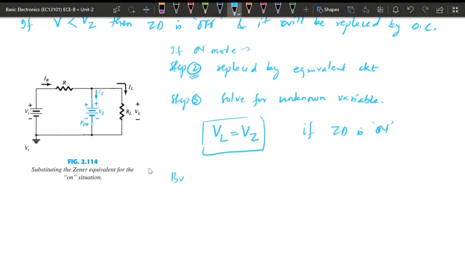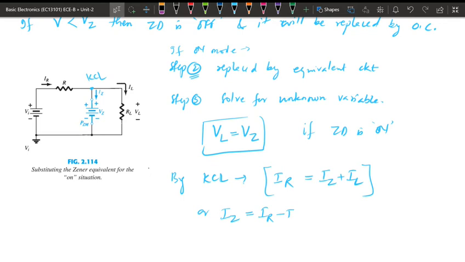The next, by KCL, we can get IR equal to IZ plus IL. At this point we will be applying the KCL. So IR will be equal to IZ plus IL, or if we need to find IZ, then IZ will be equal to IR minus IL.